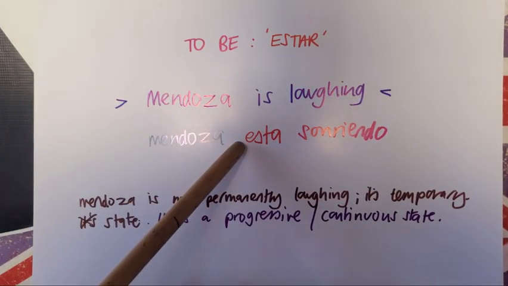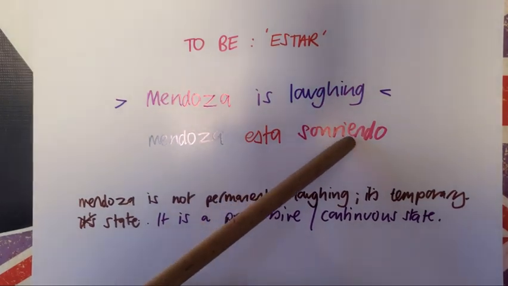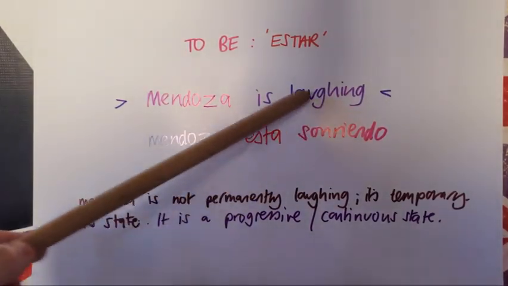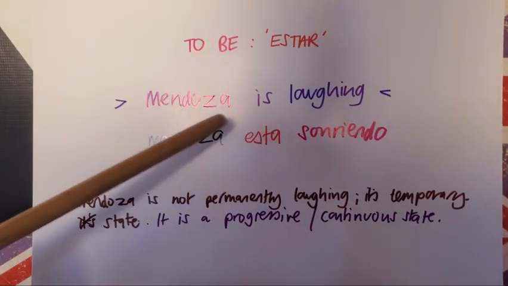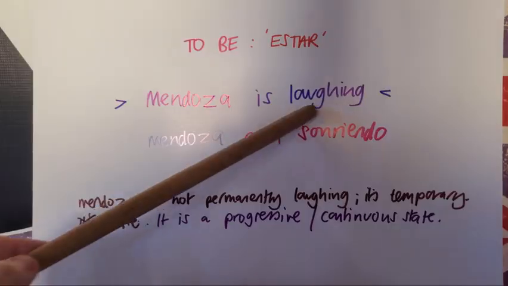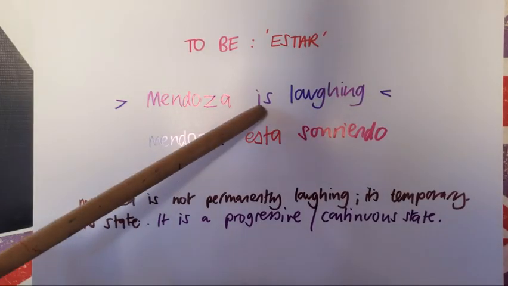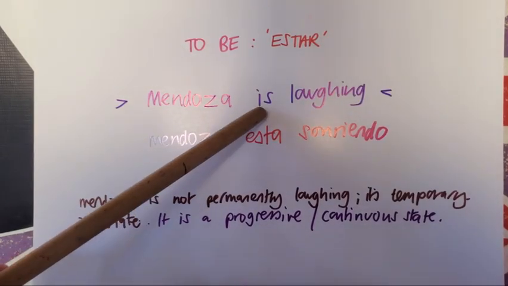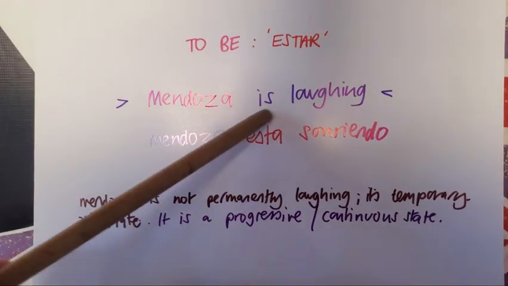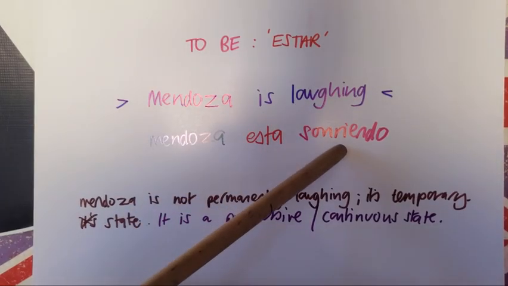Now, this is called the present continuous. If I said Mendoza laughs, but I've got Mendoza is laughing, this is called the present continuous or the present progressive. Estar is also used to form the present continuous.